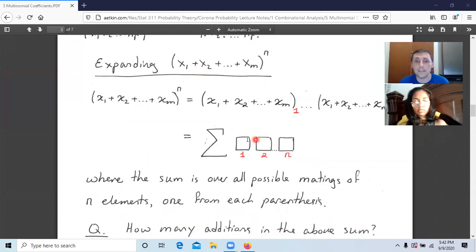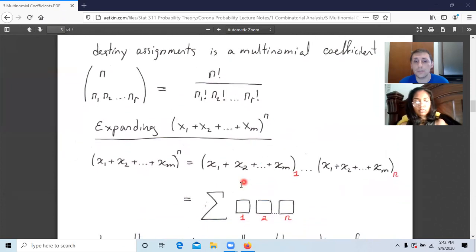So what we have is a summation, and how many terms are in the summation? Here we distinguish where each object came from, each parenthesis. In this case, guys, in my analogy, let's see if you remember this analogy. What are the dragons here, and what are the knights for this particular analogy?